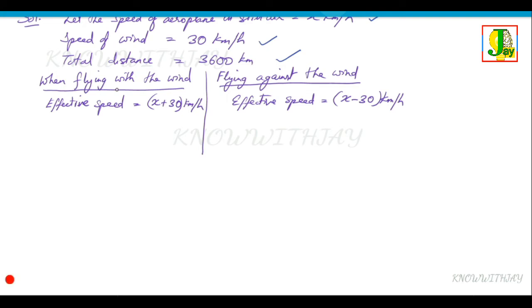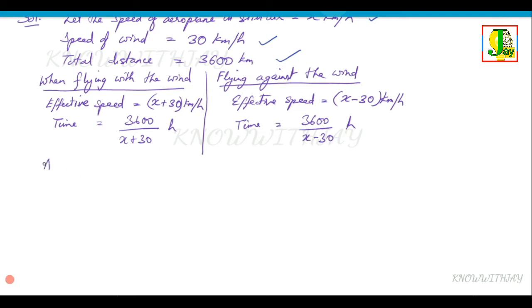When the plane is flying with the wind, effective speed is x plus 30 km per hour, and the time is 3600 upon x plus 30, and here the time is 3600 upon the effective speed x minus 30, and both are in hours.